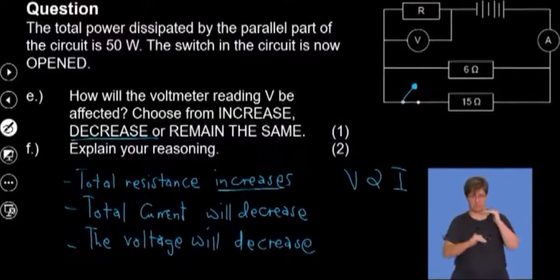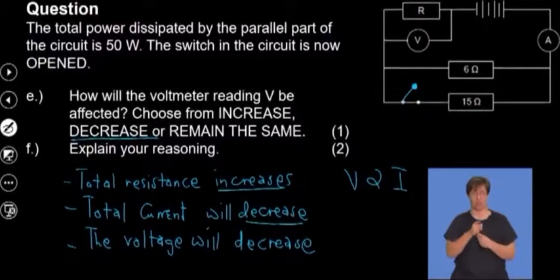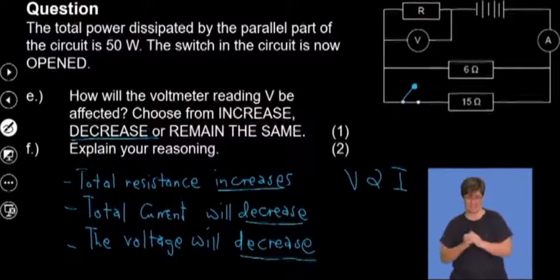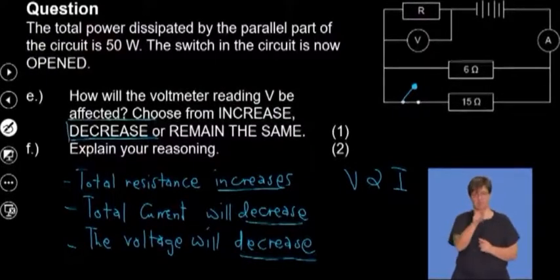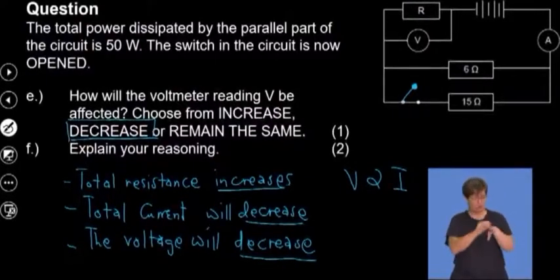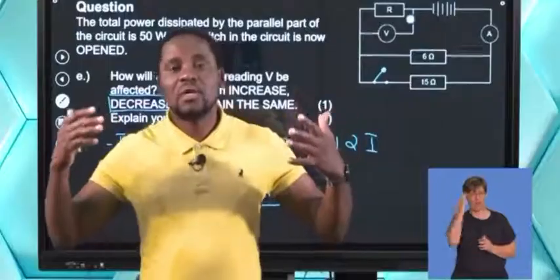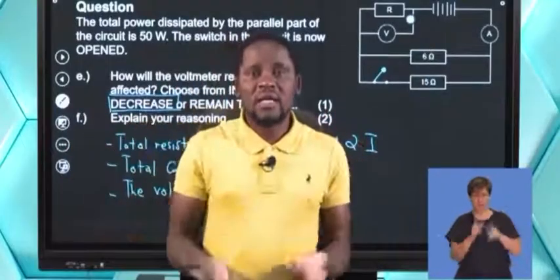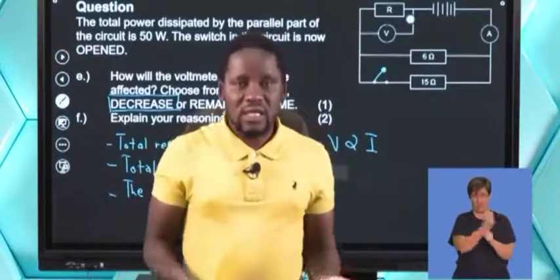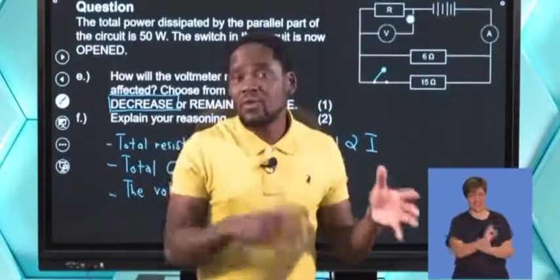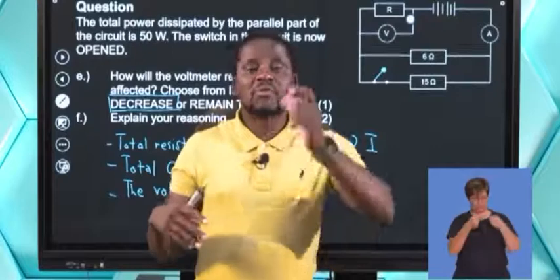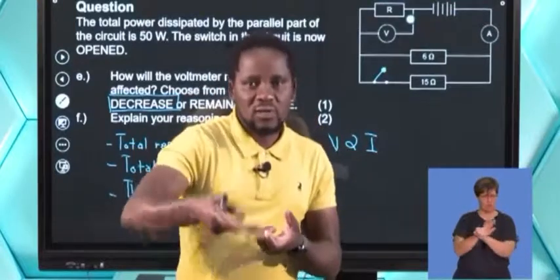That will effectively decrease the total current, meaning also the voltage will have decreased, which justifies our choice in this case. So these kind of problems that have to do with thinking and applying, they require you to understand each part of the question clearly. Because when we open the switch, how does that affect the total resistance?